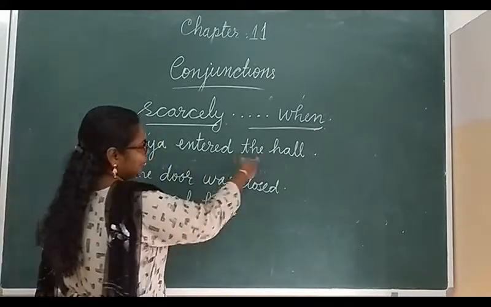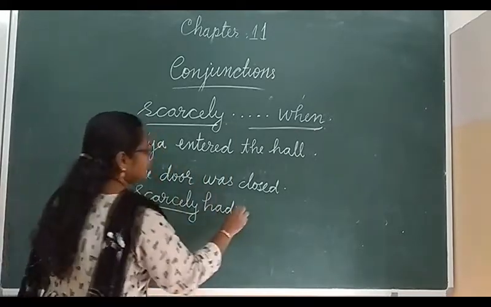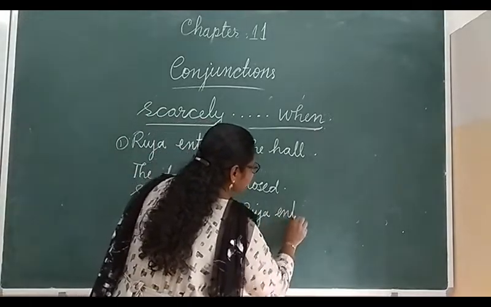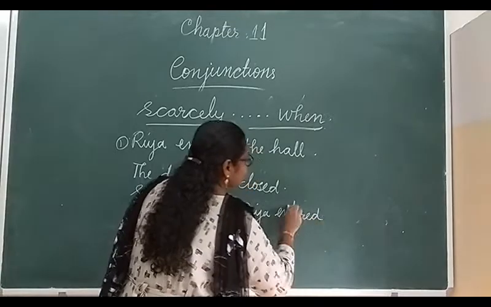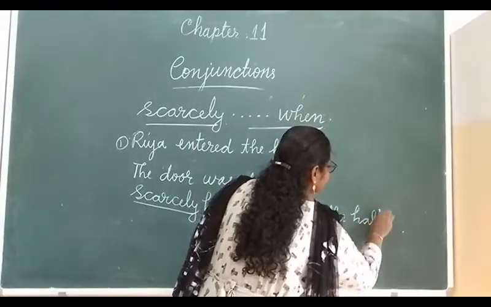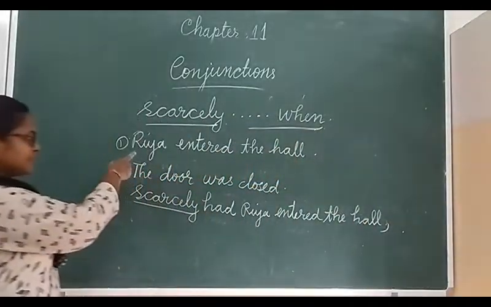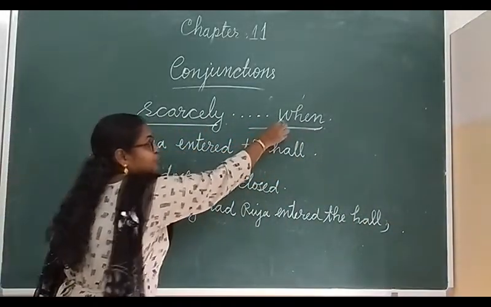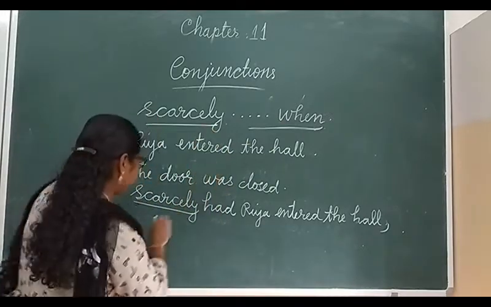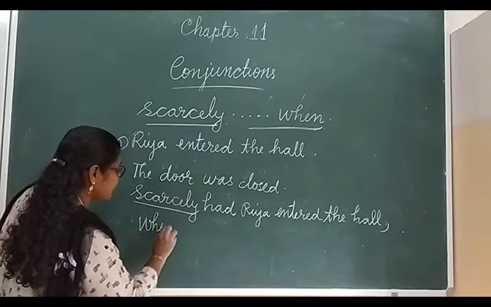Ria entered the hall. That is the first sentence. Ria entered the hall, comma. Then the second sentence. Here we have to use the rest of the conjunction, that is "when." When.